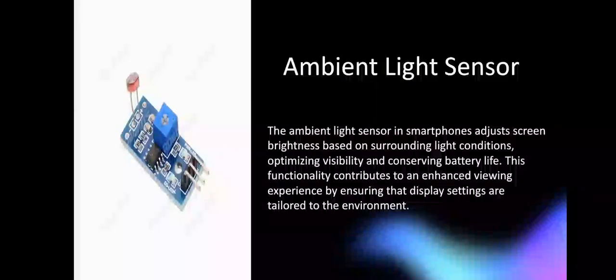And the next is the ambient light sensor. The ambient light sensor in a smartphone is used to adjust the screen brightness based on the surrounding light conditions. In the image you can see the ambient light sensor.